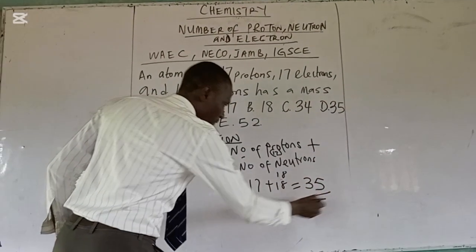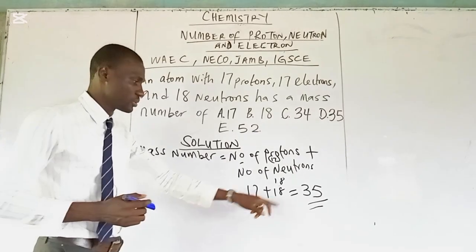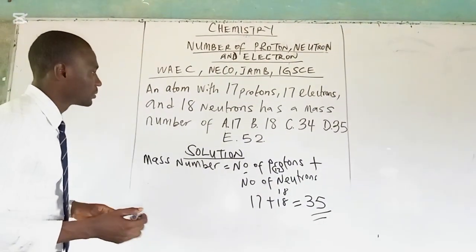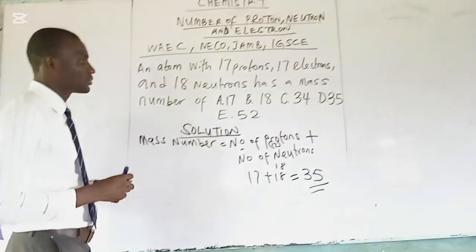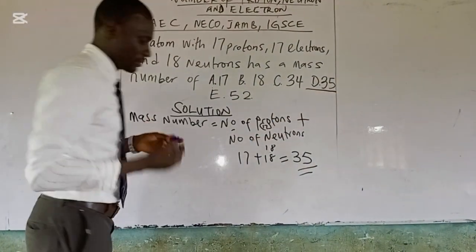So our number of neutrons plus number of protons, addition of the two gave us 35. So the answer is 35.